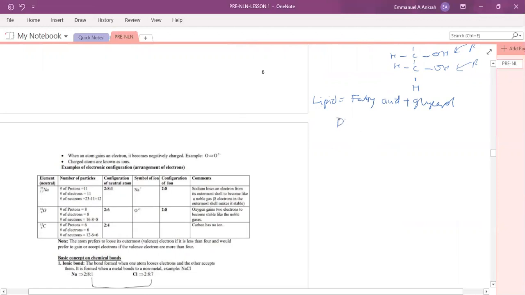The nucleotides. We can mention that now. And we talk about the DNA and the RNA. Okay. So as we do this, I'm going to write down the differences.